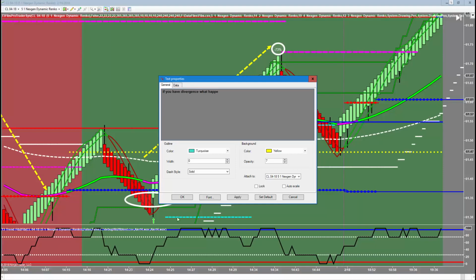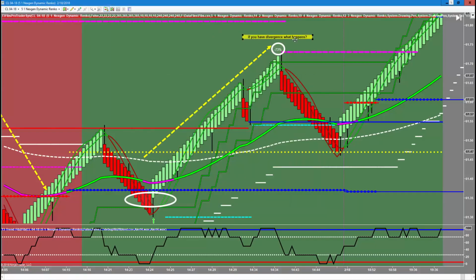You have to get this in your brain. We exceed the prior pivot low. Just keep saying it to yourself over and over again. Here's your prior pivot low. We're going to exceed it. Does everybody see what I'm saying? If you have divergence, you're going to exceed the prior pivot higher low.